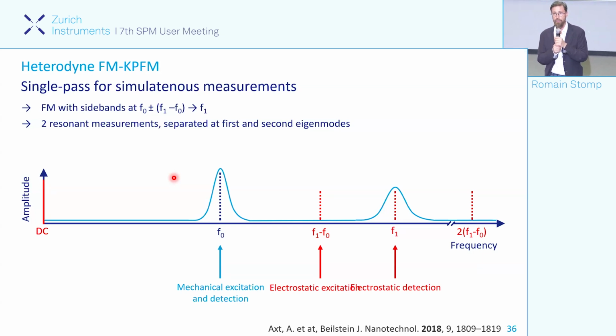It's a very smart technique because for a long time people were using this FM mode where you have sidebands that are plus minus the resonance. So typically within this resonance you can have some AC electrostatic modulation. So you have a DC, an omega, and a 2 omega. But usually it's at low frequency, 400 hertz, maybe 1 kilohertz, depending on your Q factor.